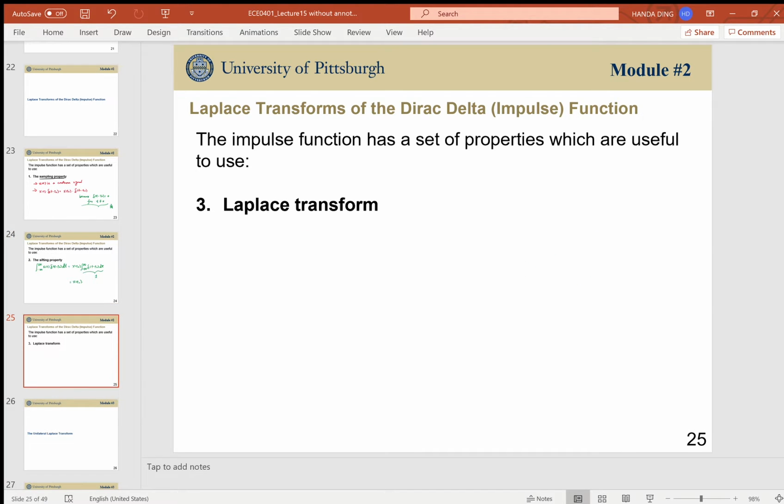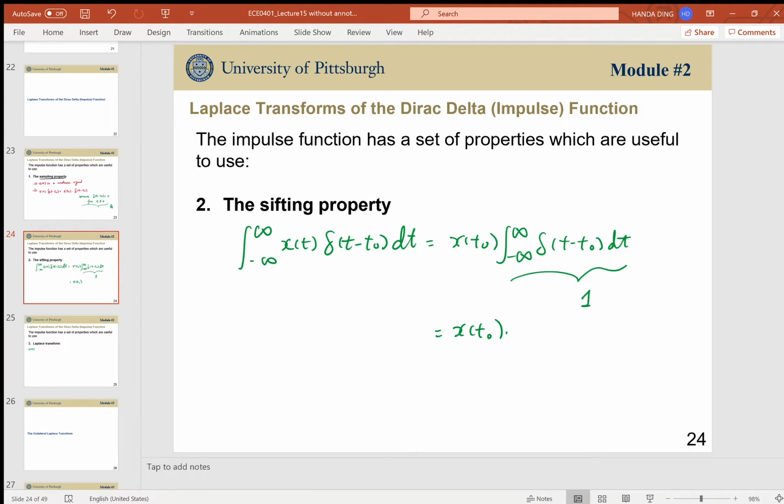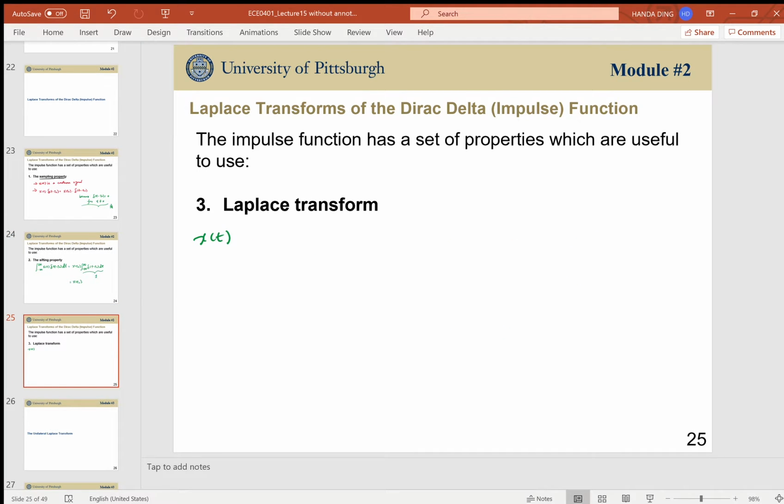The third one will be the Laplace transform. All right. So let's do the Laplace transform.